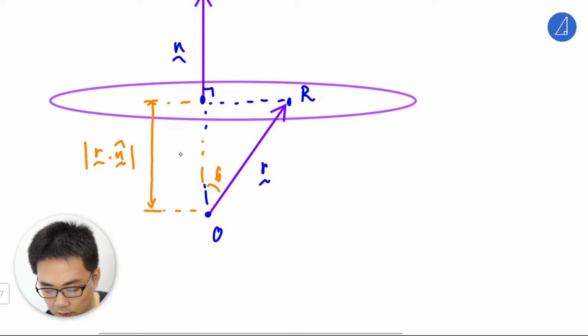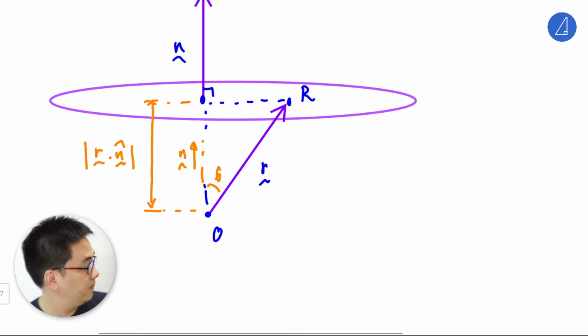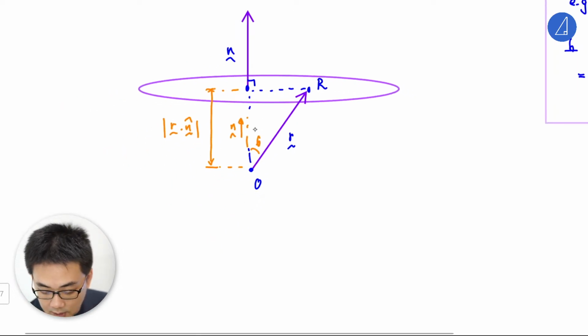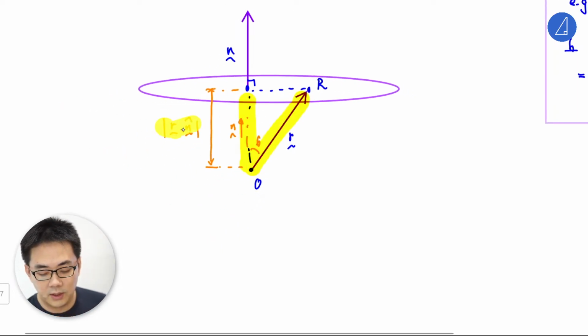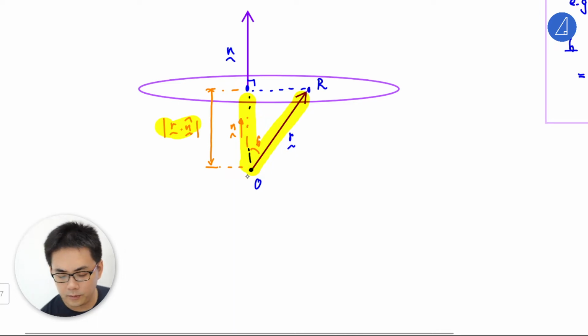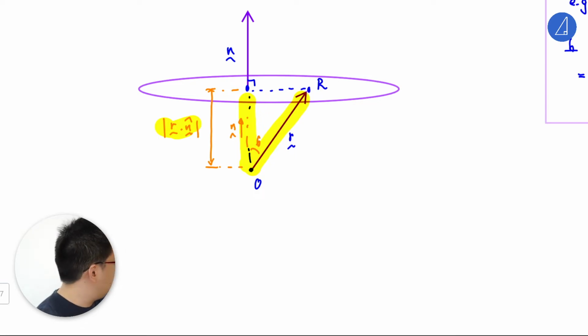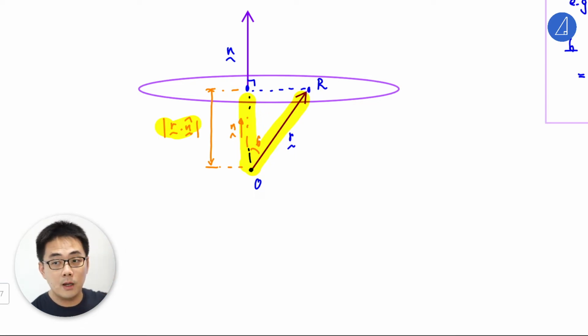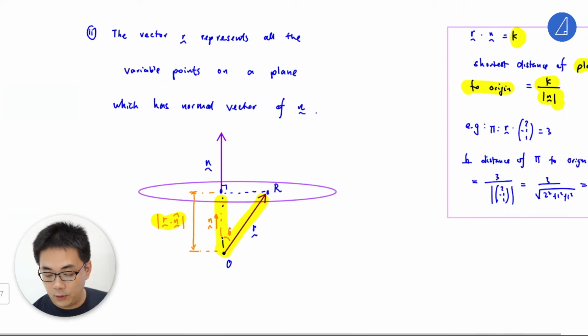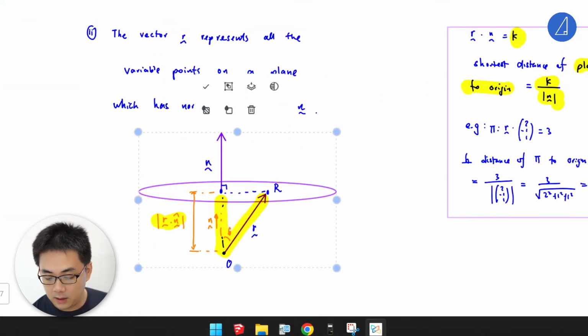By using the magic triangle, you just take r dot the normal, and you get the shortest distance from the origin to the plane. So if they ever ask, you should be able to draw it out. So r dot n unit vector would be the shortest distance. That's how you derive this formula here.